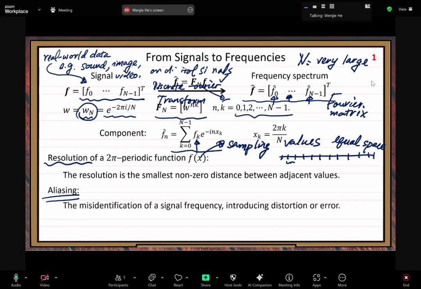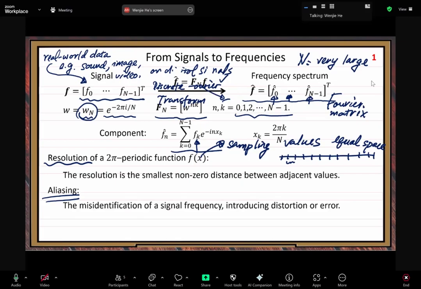The misidentification of a signal frequency introducing distortion or error. Because when your resolution is not very small, the sampling values you take in a given interval are not many enough. Too little, the number.